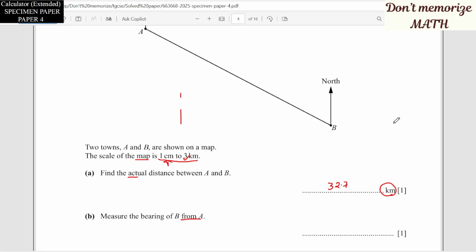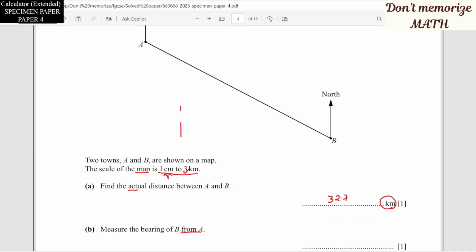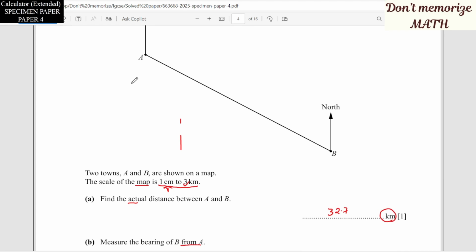We need the bearing of B from A, so from the point A we need to draw a north line. It's already given in the question. You can measure the angle only clockwise if it is given like bearing.